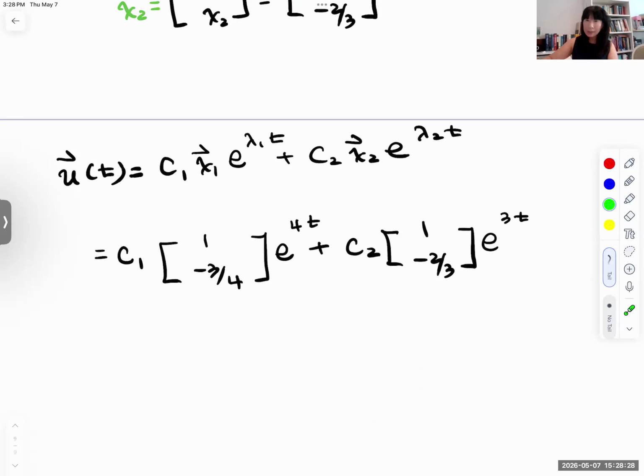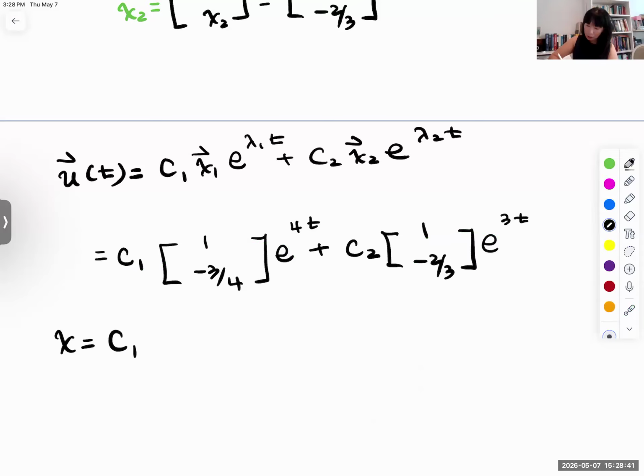So there will be x equal to, we rewrite this one. So there will be c sub 1 e to the negative, oh, we have a negative 4t, right? So negative 4t plus c sub 2 e to the 3t. Then y will be c sub 1, but then the coefficient is negative 3 over 4. Make sense?